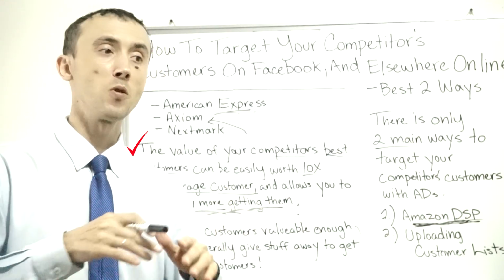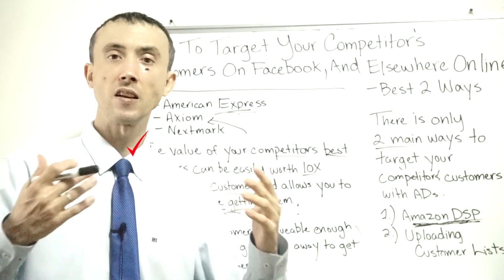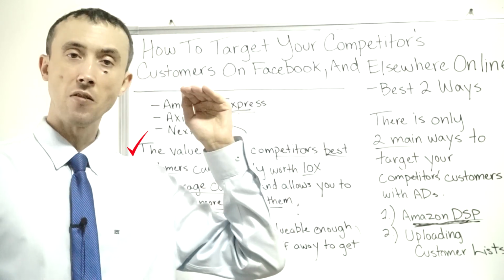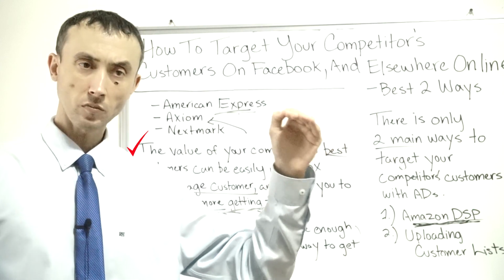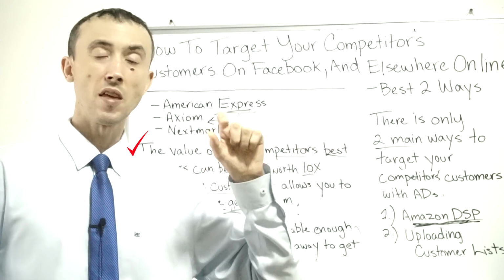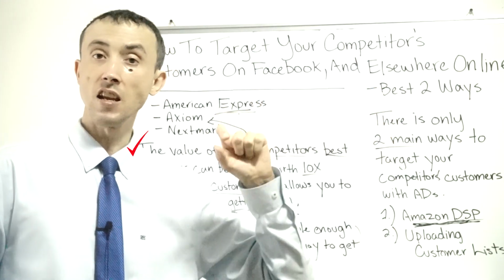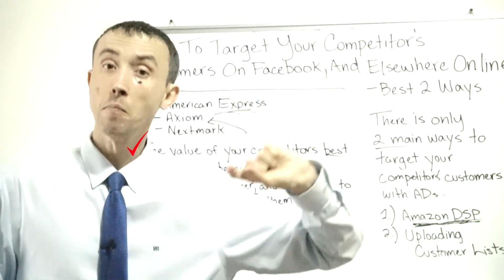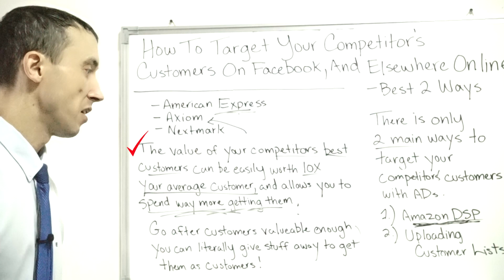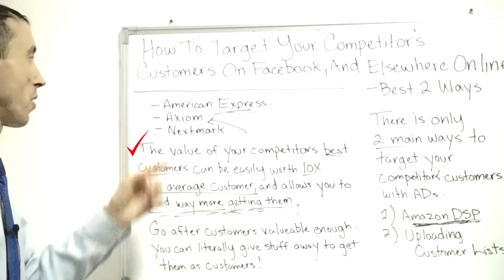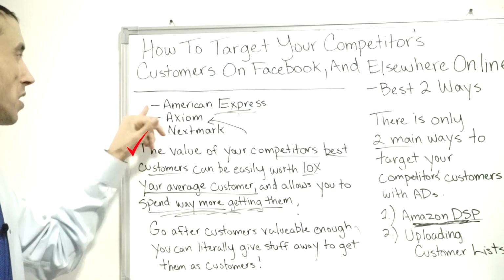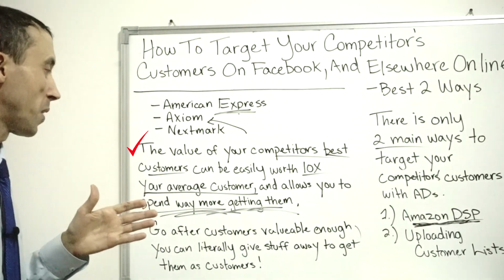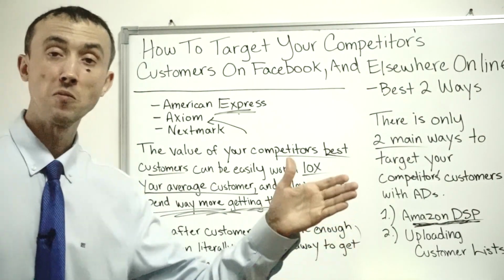If you were to find an equestrian product supply customer list, you can actually say on there that you want people that are multi-buyers, that they've purchased more than once, indicating that they're not just a one-off type of customer, and they're one of your competitors' best customers. And the same thing with going through Axiom or American Express, you can get customers essentially that are valuable enough to you.